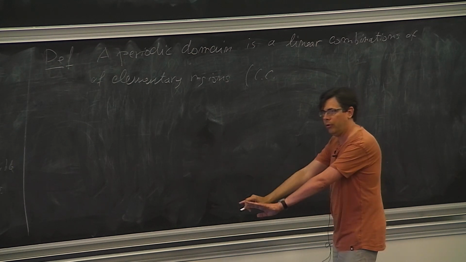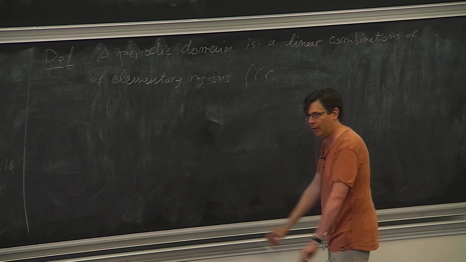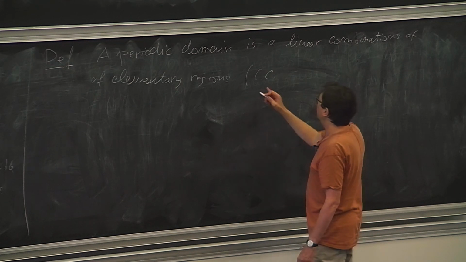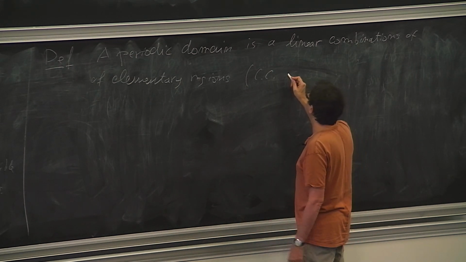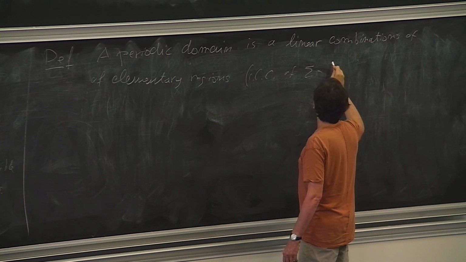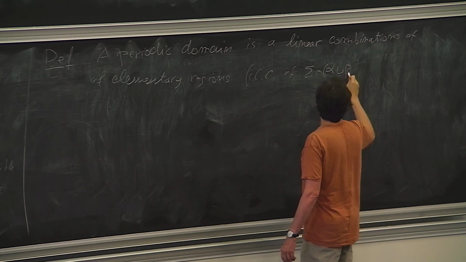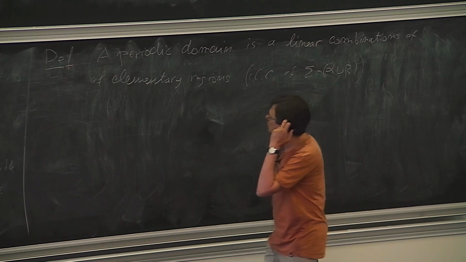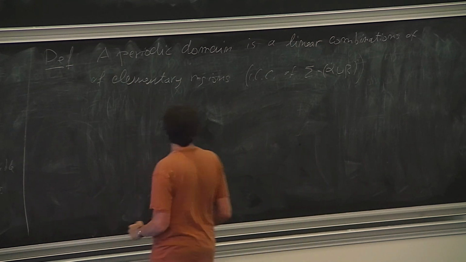I don't go back to recalling what the Heegaard diagram is; I give it for granted. Elementary regions are closures of connected components of Sigma minus alpha union beta.